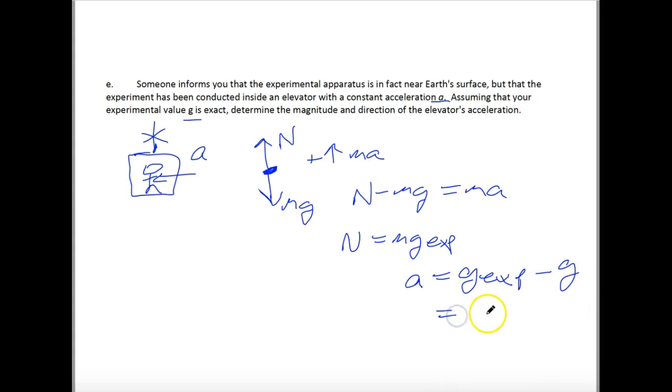That will give us an acceleration of negative 1.03 meters per second squared, and that is directed upwards. So obviously the elevator is accelerating downward, hence why we have the negative. And that is the end of this problem.